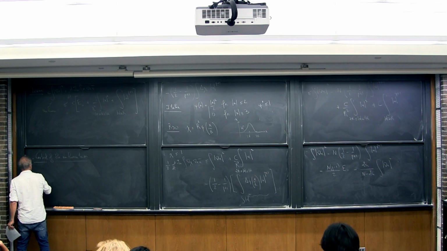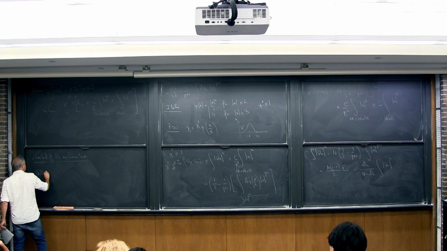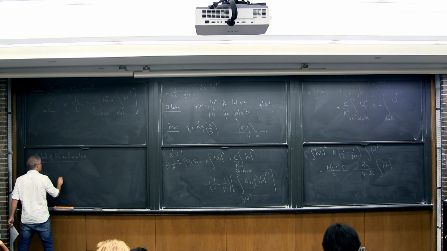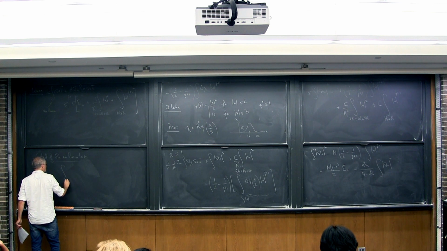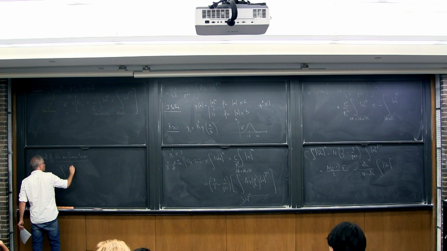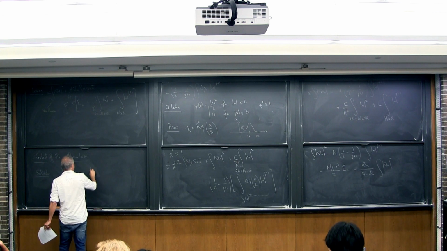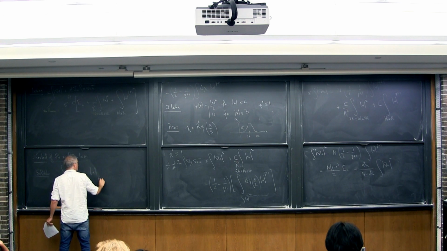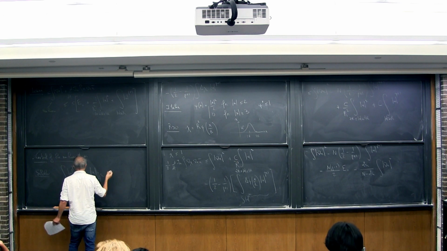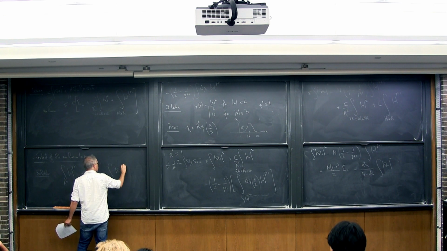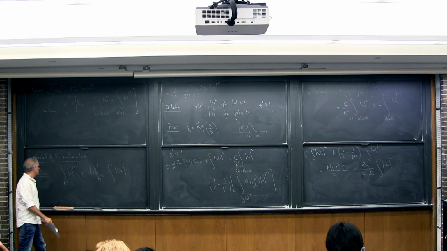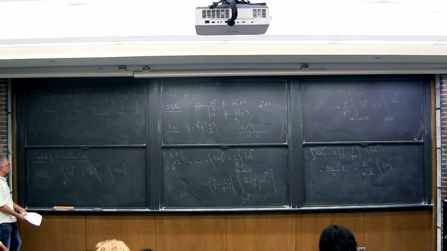If you want to interpolate the u to the p plus 1 norm, Gagliardo-Nirenberg is going to tell you that it costs you the critical norm to the power p minus 1 times the integral of grad u squared.